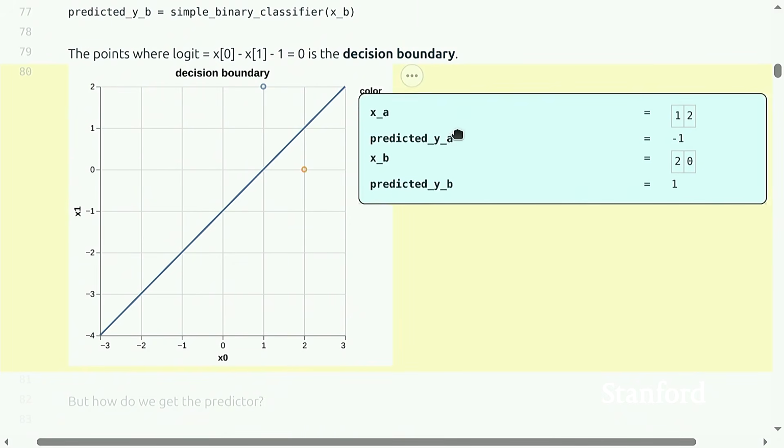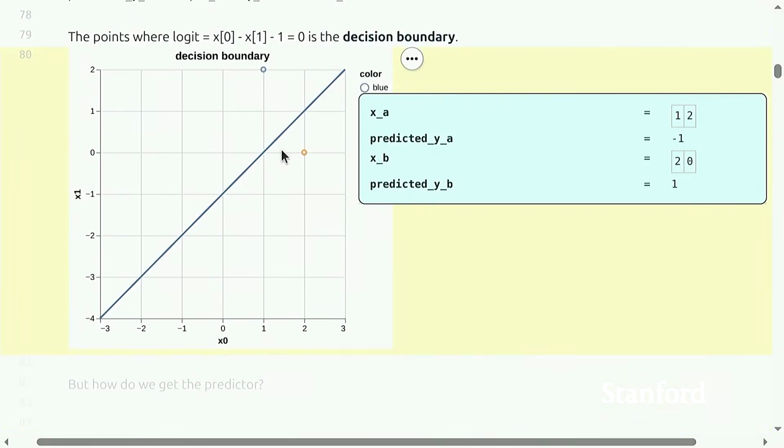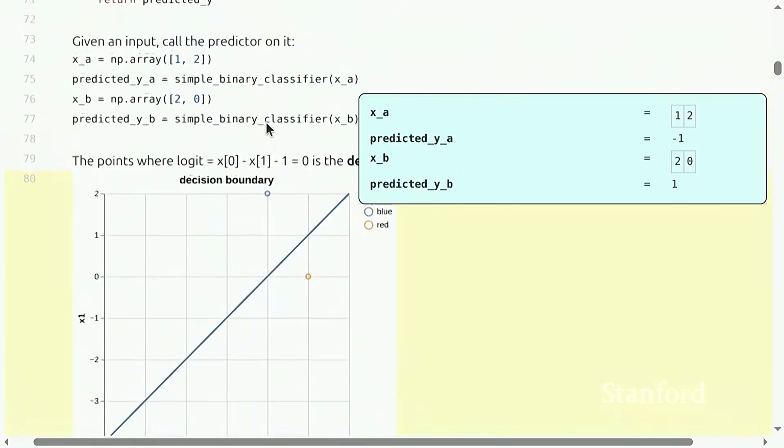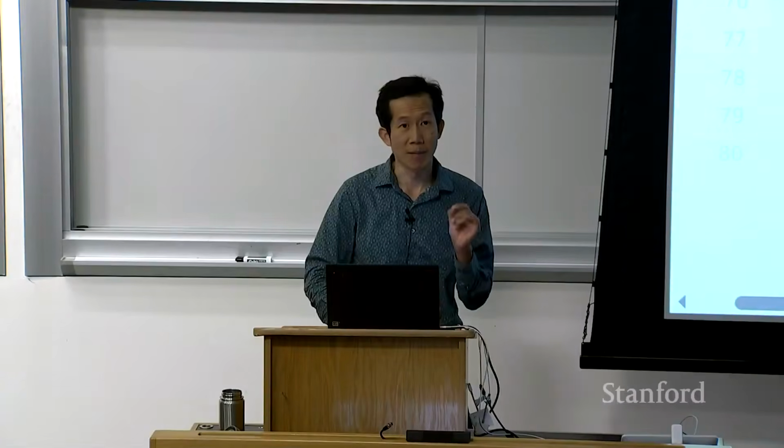One useful concept is the decision boundary. The decision boundary are points where it could be either way. It's a toss-up. If you look at what this predictor is doing, x0 minus x1 minus 1, if this is 0, it's at the boundary of plus and minus.